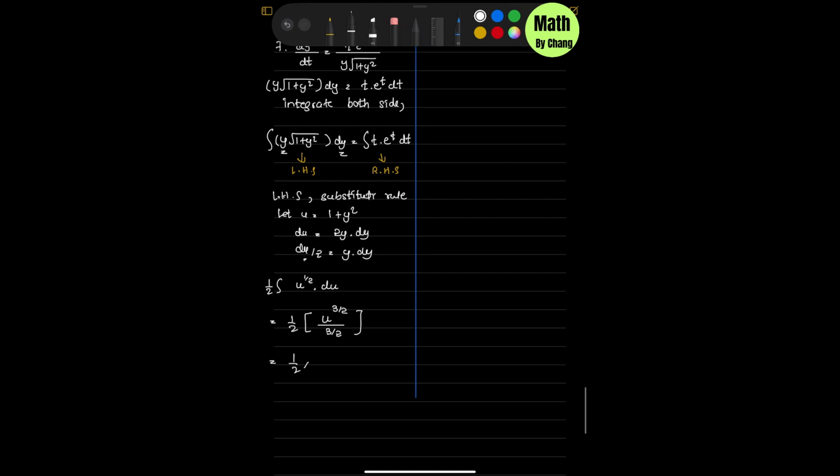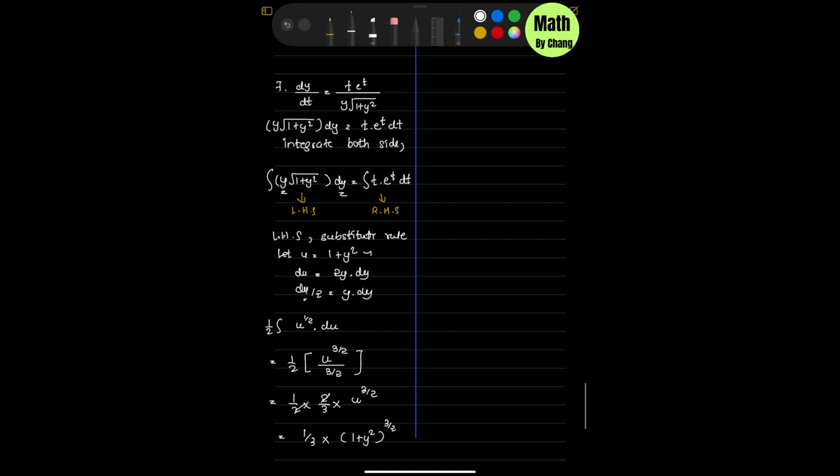So 1/2, and we turn this into multiplication, so the value flips into 2/3, and u^(3/2). Cancel these two out, so 1/3 times u, which is 1 + y², the whole power 3/2. So this is the left hand side that we solved.